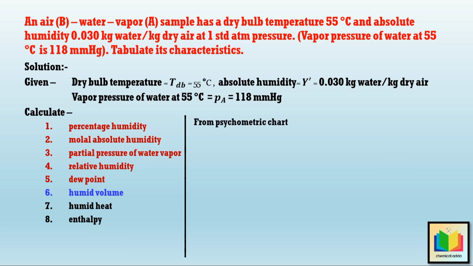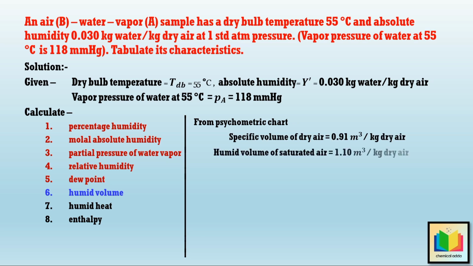Hence from the psychometric chart, we get the specific volume of dry air is equal to 0.91 meters cube per kilogram dry air. And humid volume of saturated air is equal to 1.10 meter cube per kilogram dry air. But, the percentage humidity of the sample air is 26.1%. Hence we have to calculate the humid volume of sample air for 26.1% humidity.